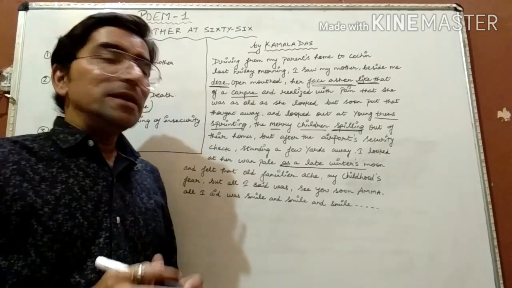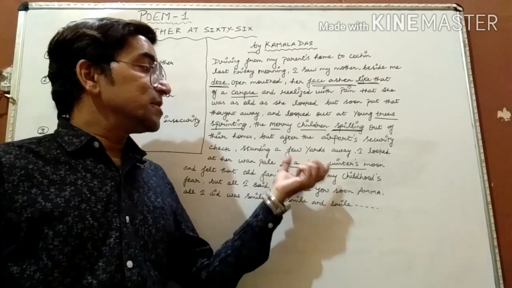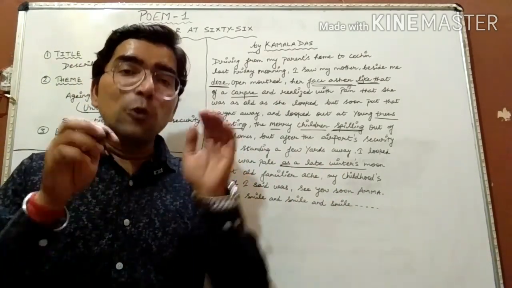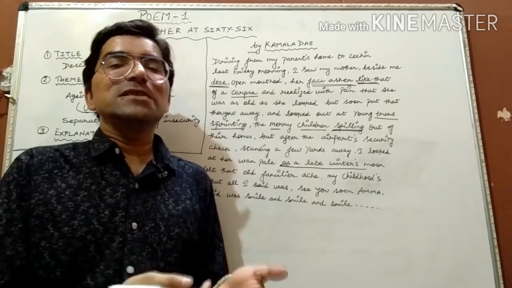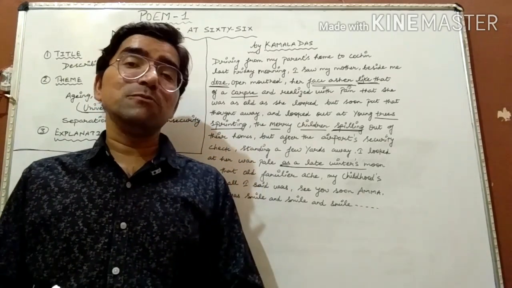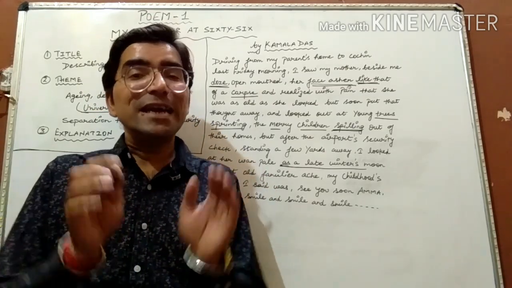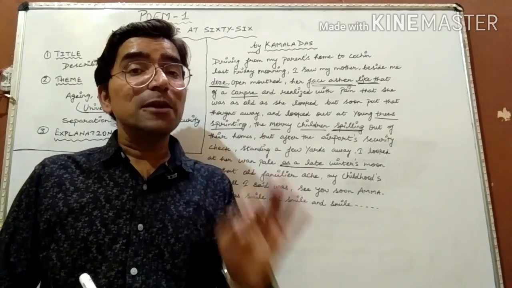And why has the poet compared her mother's face to a late winter's moon? Because a winter's moon has a low intensity of light. The moon obviously has a low intensity of light, but if it is a late winter's moon, it means the moon is covered with fog or hidden behind fog and mist, and that gives a yellow tinge.